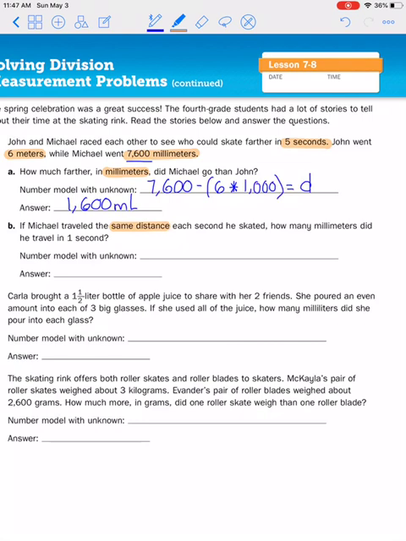For every 5 seconds he went 7,600 milliliters. But they want to know how far he traveled in 1 second. So we're going to have to take his distance, which was for 5 seconds, and divide it by that 5 seconds to get how far he would go in 1 second.